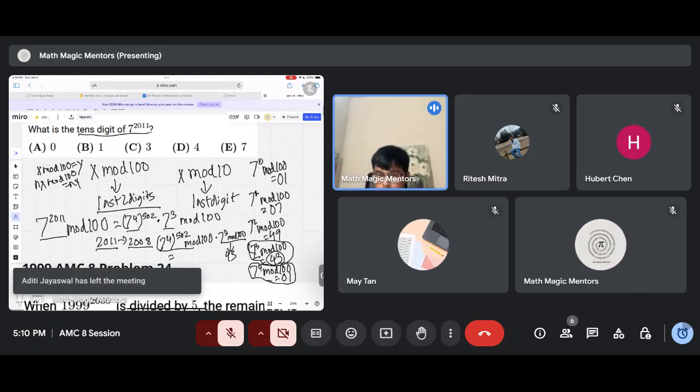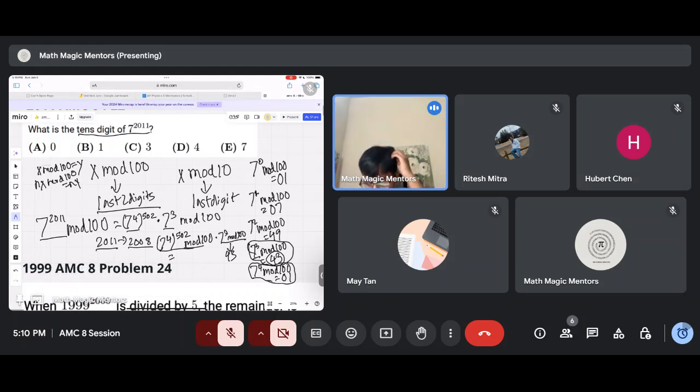But 7 to the 4 to the 502 is going to be much easier, because we know what 7 to the 4 mod 100 is, right? That's 1. So basically, this is another property of mods, which is that if you want to look at this complicated exponent mod 100, you can take the mod into the base of the exponent.